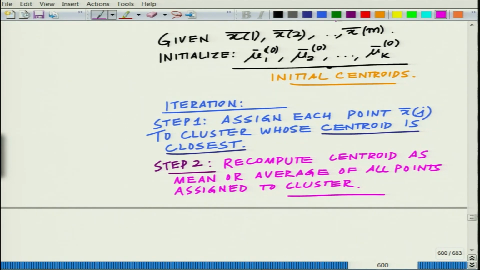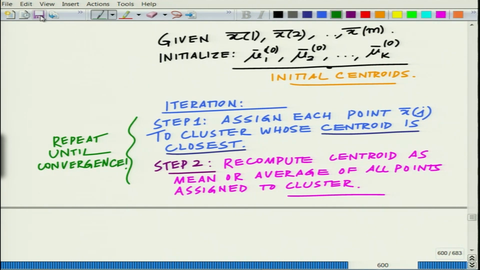Recompute the centroid and iteratively repeat these steps until convergence.